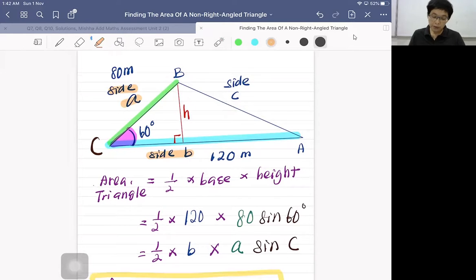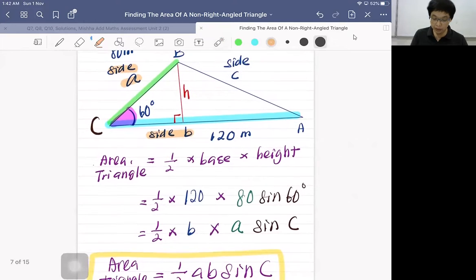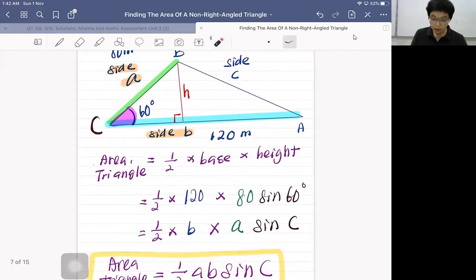Now these are all the information we require to find the area. Therefore, let's put that into our earlier calculation.